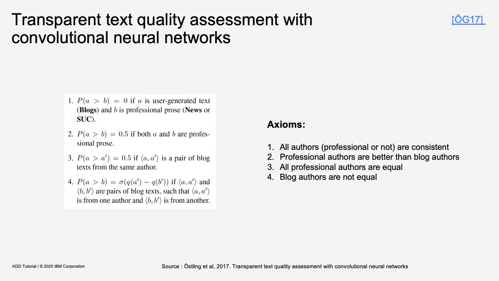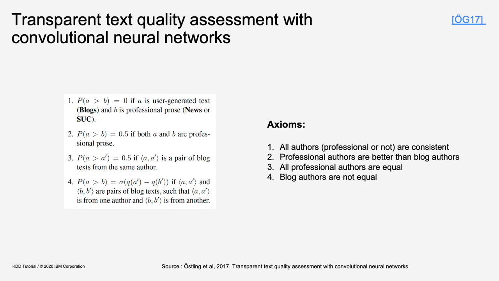During training, the authors use the cross-entropy loss with the axioms as shown in the figure. P of A greater than B equal to 0 if A is a user-generated text, for example blogs, and B is a professional prose, for example news. P of A greater than B equal to 0.5 if both A and B are professional prose.